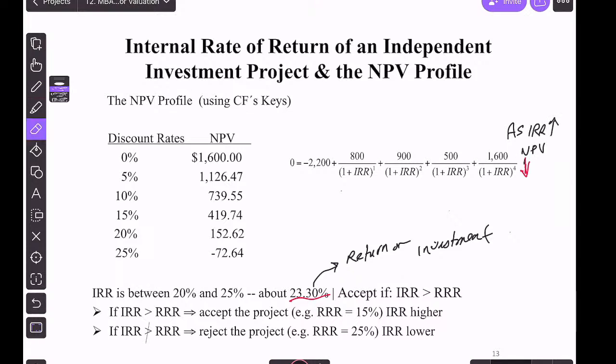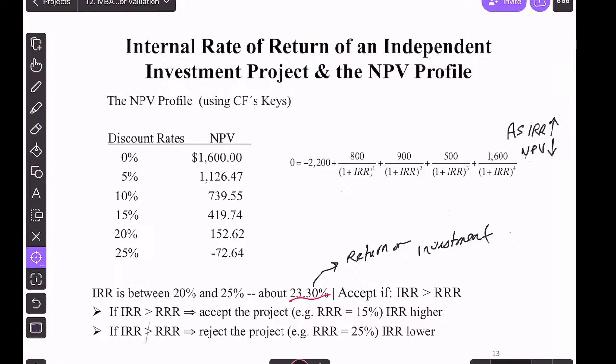So as the discount rate goes up, NPV goes down for this function. If you were to use different discount rates, you would get these different NPVs.